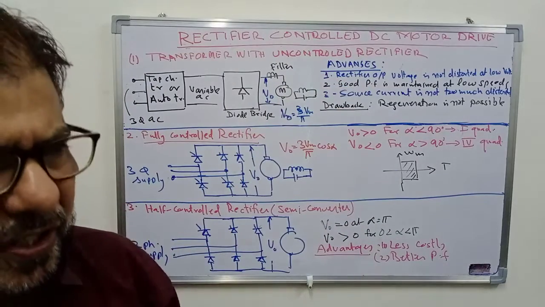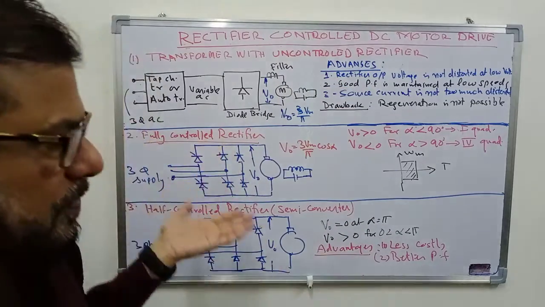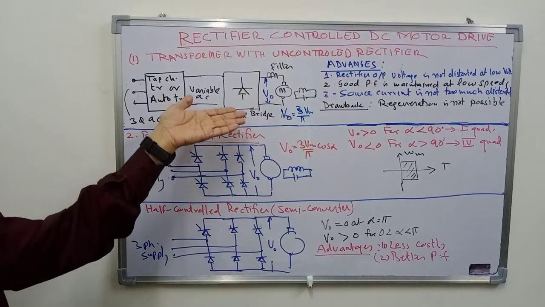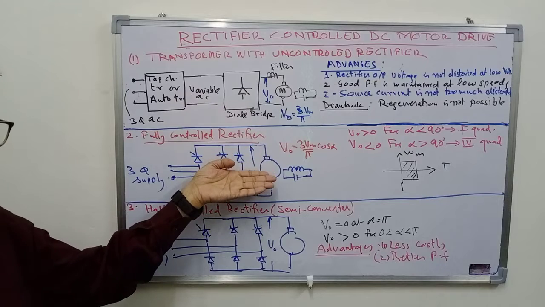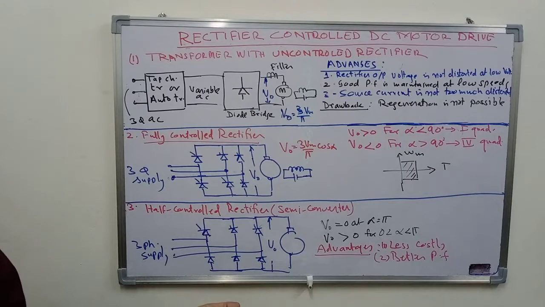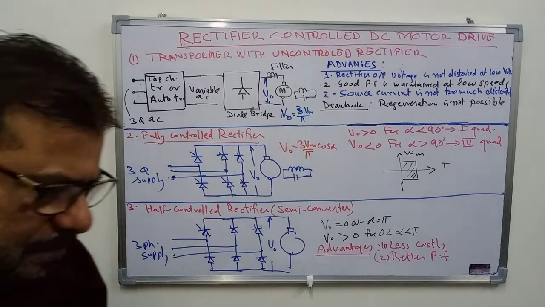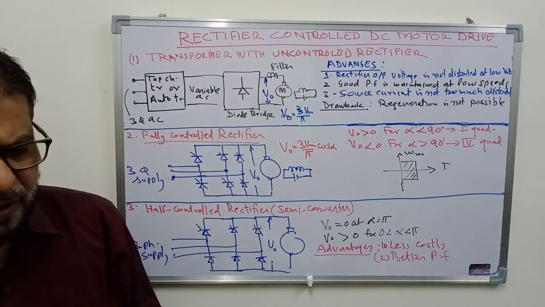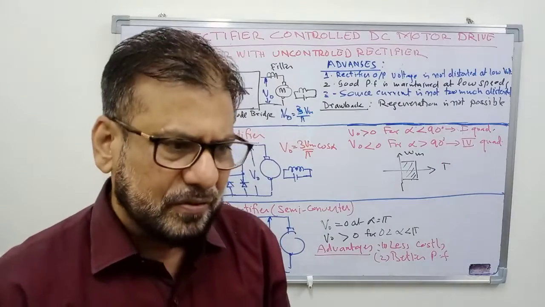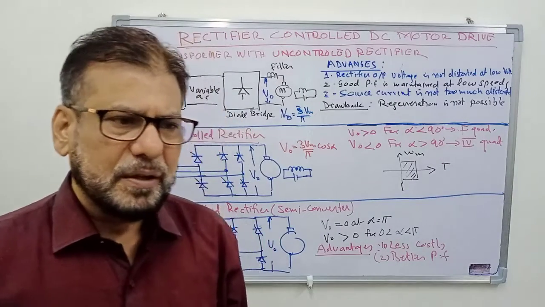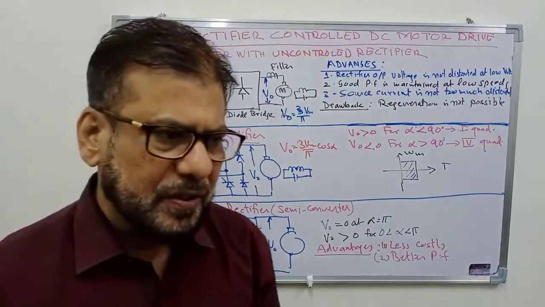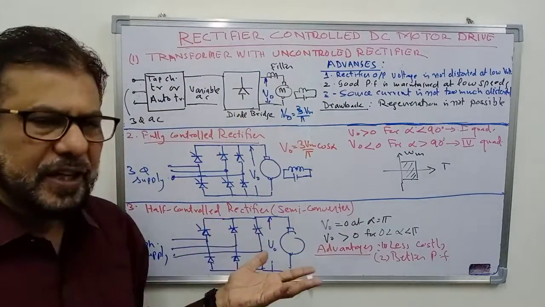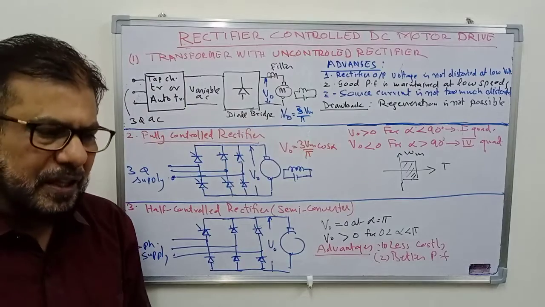Now we have to discuss in detail the operation of the DC motor fed by this fully controlled rectifier and half controlled rectifier. As the time is short and the time allocated to this unit is maybe 10 or 12 lectures, it is not possible to cover all the details of all the drives in this class at the BTech level.